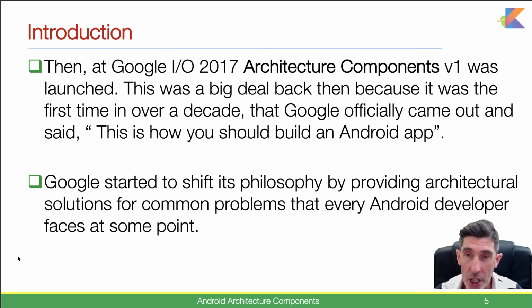So Google started to shift its philosophy by providing architectural solutions for common problems that every Android developer faces at some point. So all these common problems that would be cropping up as the applications got more and more complex, Google tried to provide solutions for that. Okay.